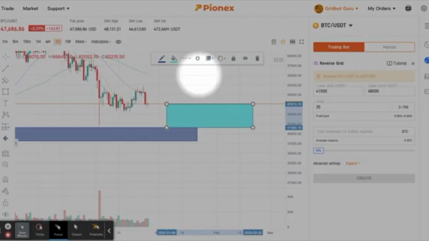You know, I look at my little crystal ball, I flip my cards over and I see it has to go down to 41.5. What I can do is I can go over to the market, I can buy Bitcoin and immediately turn it around and take it into a reverse grid. What it will do is it will buy lower and sell higher.